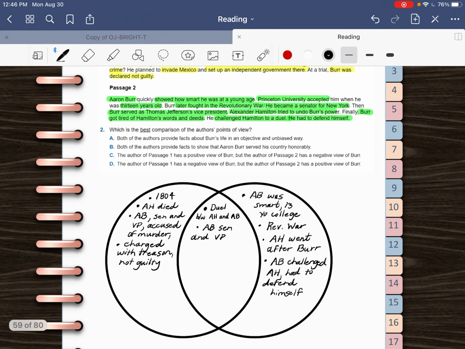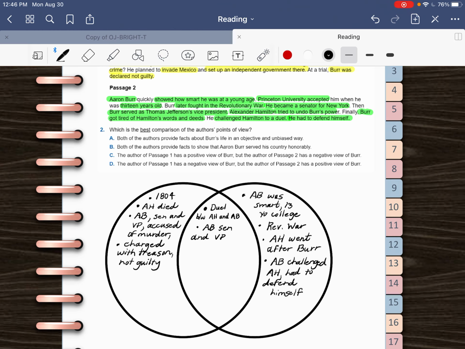So let's take a look here at the question, number 2. And I know they tell me the answer, but let's figure out why it is the answer. Which is the best comparison of the author's points of view? Both of the authors provide facts about Burr's life in an objective and unbiased way.